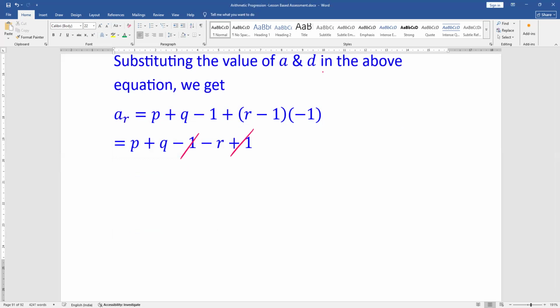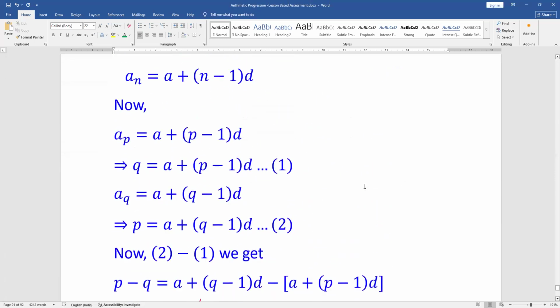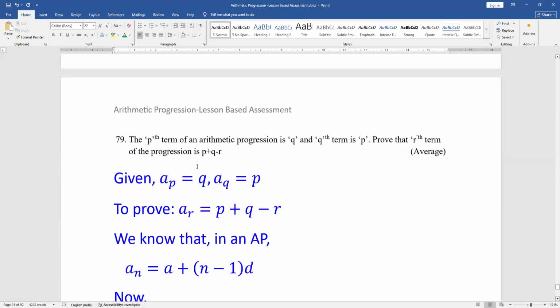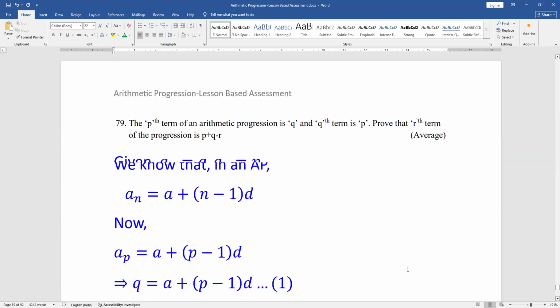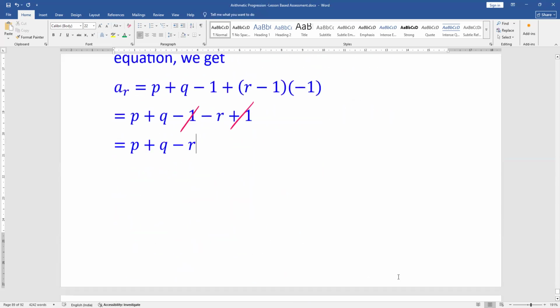That means we get, in my next step, p plus q minus r. So this is what we have got, and that's the required answer, correct? Same thing we got here. So the final conclusion is hence proved. So we can write that hence proved.